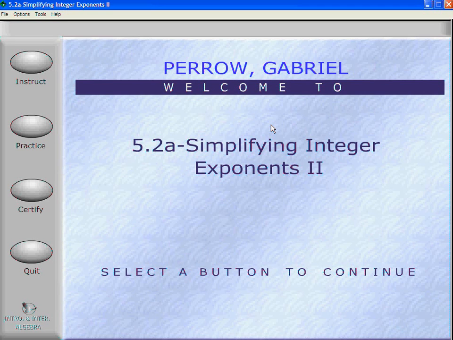Okay, this section, section 5.2a, deals with simplifying integer exponents, part 2, and 5.1 was simplifying integer exponents, part 1. Basically, the skills that you learned from the first section were that you add powers when you're multiplying like bases.